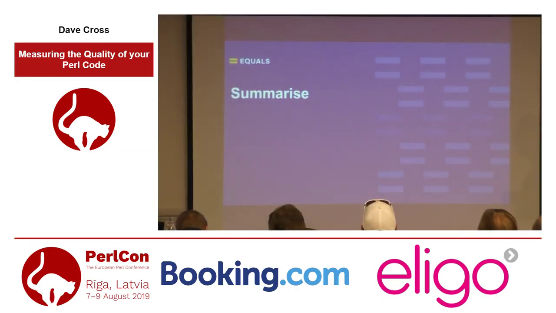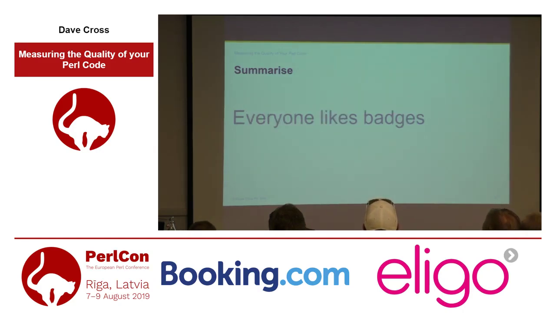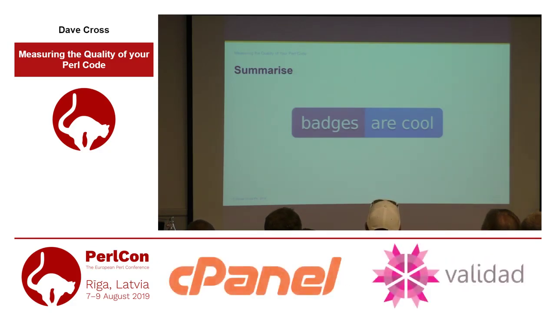Okay, so to summarize, to show off the way that things are improving. Everyone likes badges, right? I don't mean stick it on your lapel badges, but those badges that you see appearing all over the place, these 2-tone things. Those badges are cool.